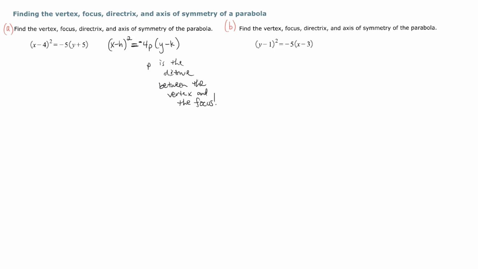Yes, p is the distance between the vertex and the focus. All right, we're in good shape here. That also tells us that p is the distance from the vertex to the directrix.